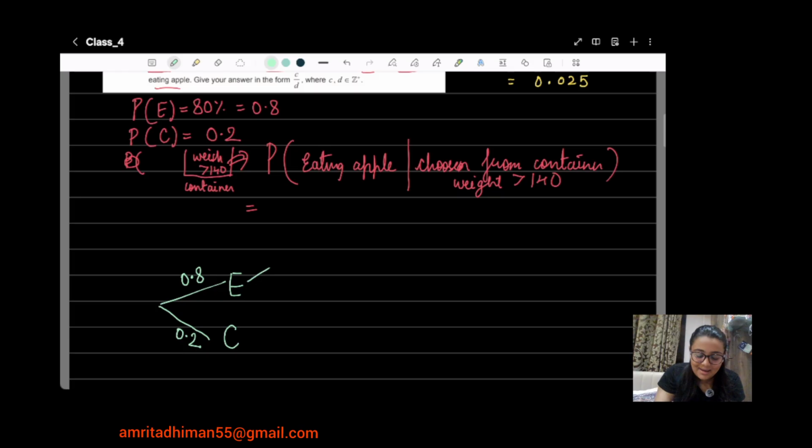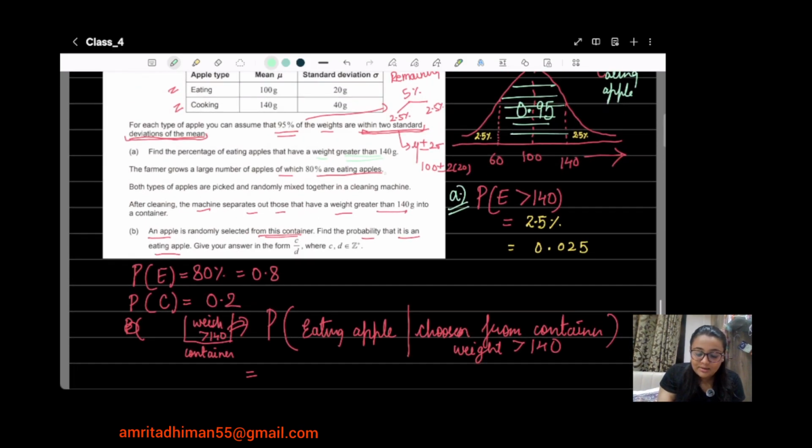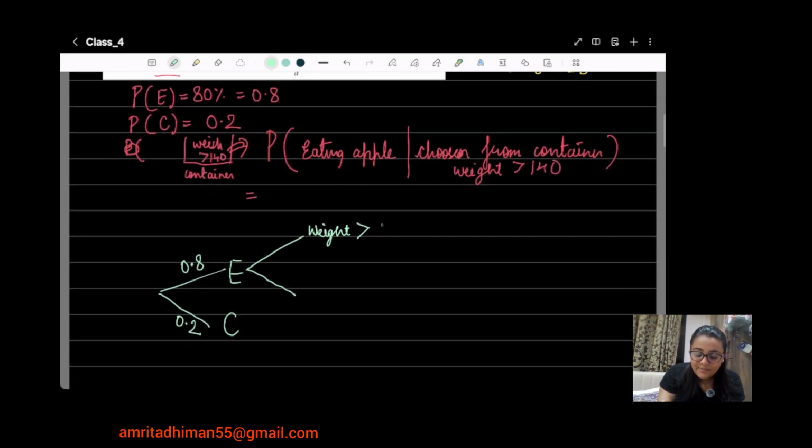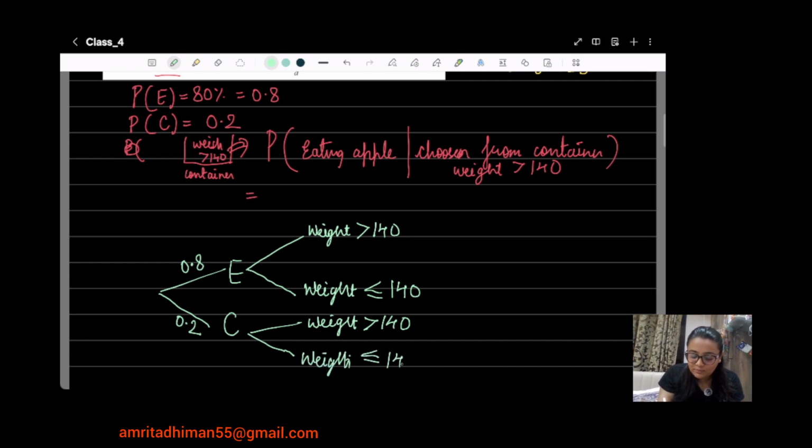And in the eating apple again we have 2 categories: the weight is greater than 140, and the weight is less than or equal to 140. Again, in the cooking apple, we have two choices: the weight is greater than 140, and the weight is smaller or equal to 140.